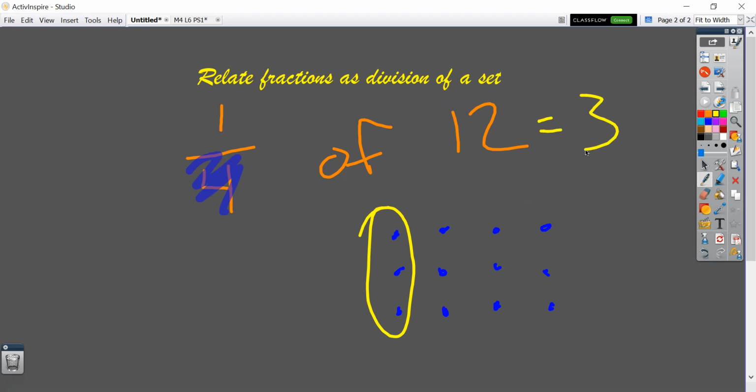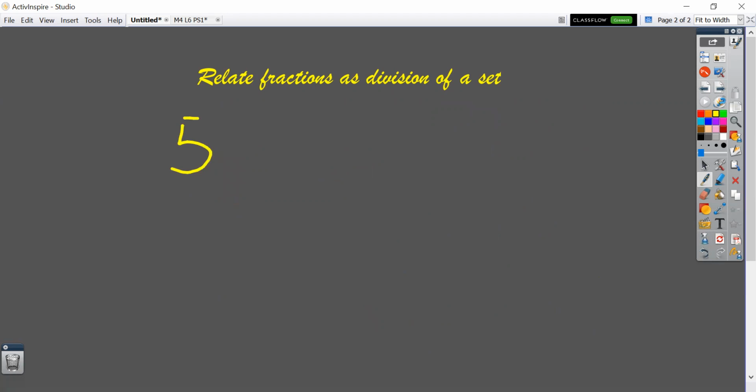All right, let's shift. Actually, let's do one of the more challenging ones. Let's do 5/6 of 24, and then we'll shift to the problem set. Okay, same steps. I have something in my eye, sorry. Same steps. What's the whole that we're working with? Well, it's 24. So we need 24 dots in our array.